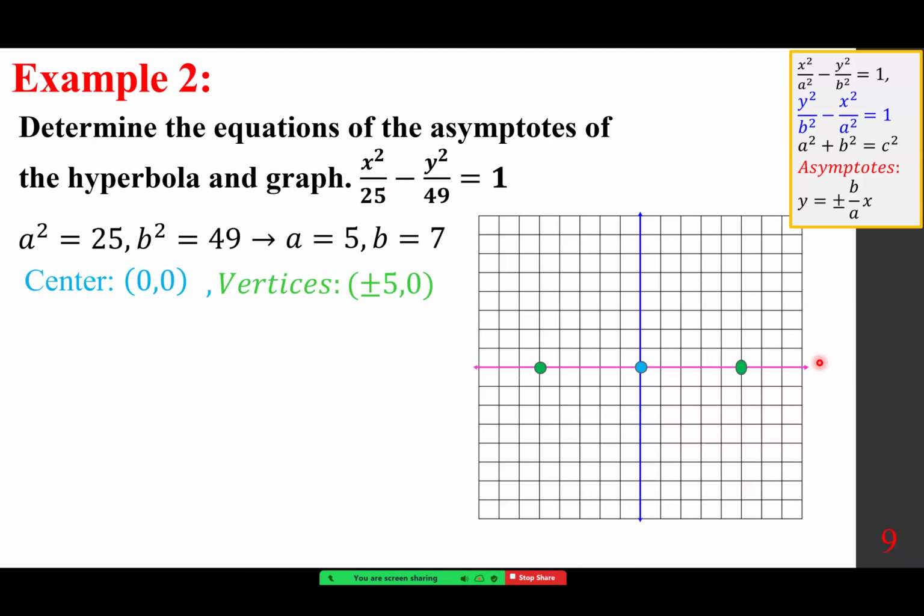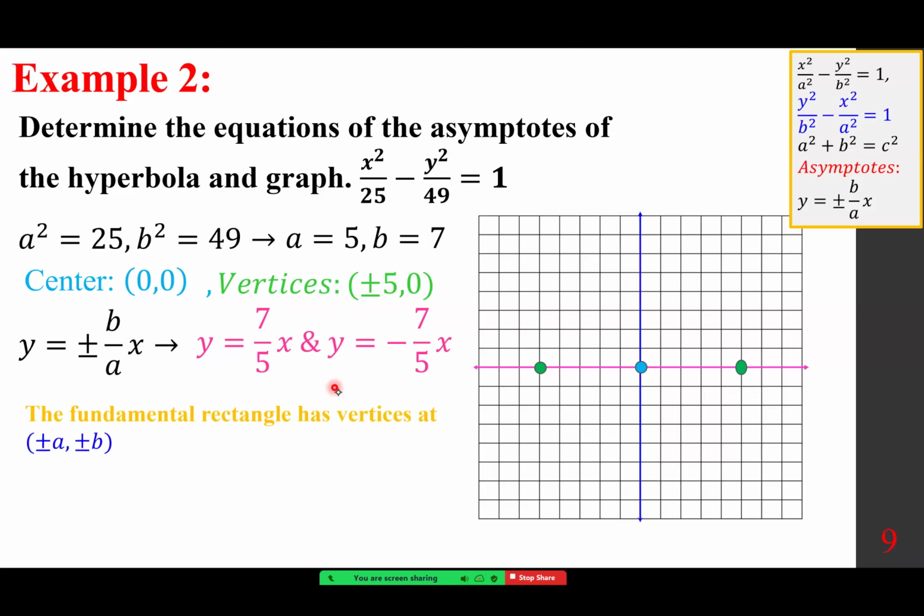And the equation of asymptotes is plus minus b over a, plus minus 7 over 5 x, to help us graph the fundamental rectangle. Because it's centered at 0, 0, we get the same thing, plus minus a, plus minus b. That means plus minus 5, plus minus 7.